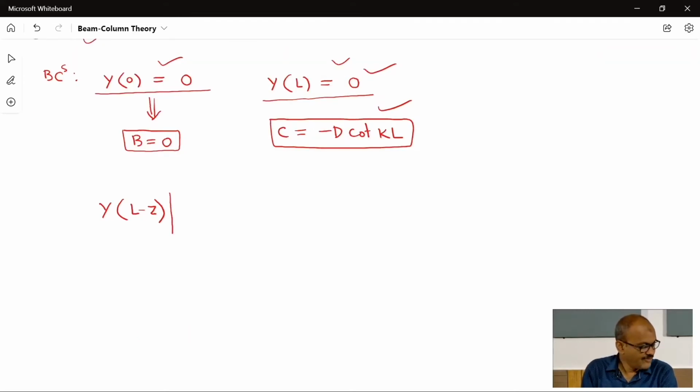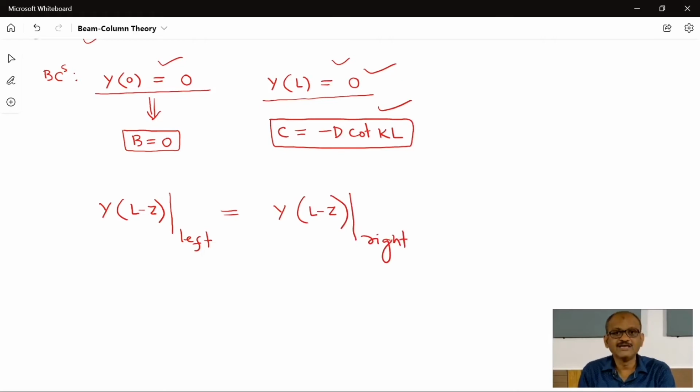This y value at L minus z, if we use the equation derived for the left part of the beam column, means left part of the loading, the point load applied, for that it is satisfying. So this will be equal to y of L minus z of the equation which is valid for the right part of the beam column, means right of the applied load.